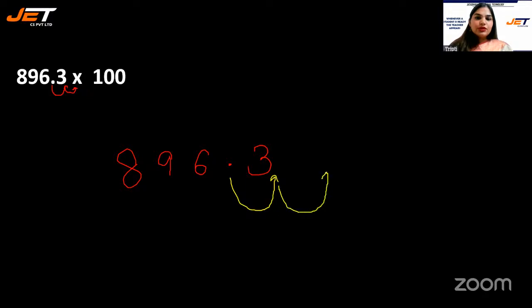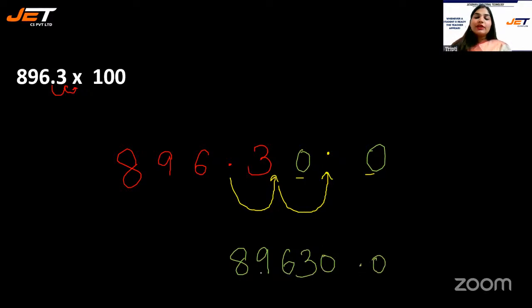Okay, I'll show you here. 896.3, this decimal will be shifted right 2 places. 1 and then 2. Here I'll put a decimal. Now nothing is there, so I will simply put a 0. My answer is 89,630.0, that is 89,630.